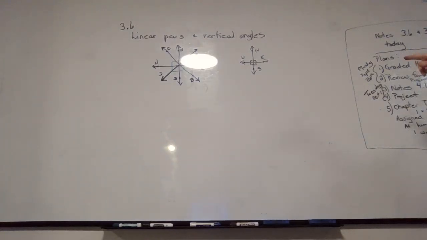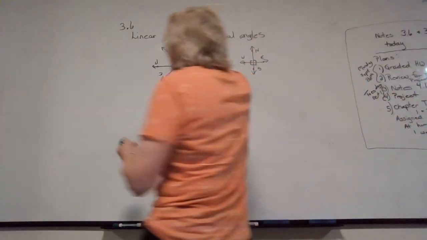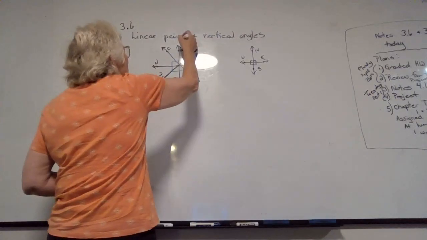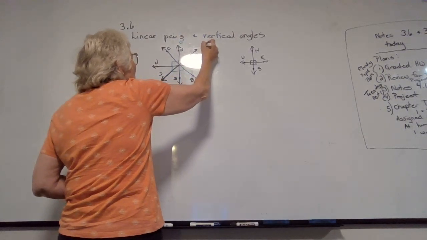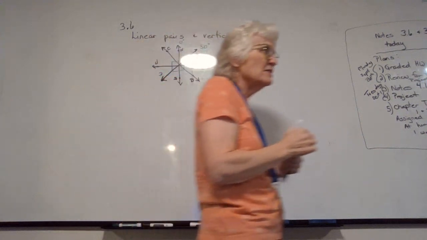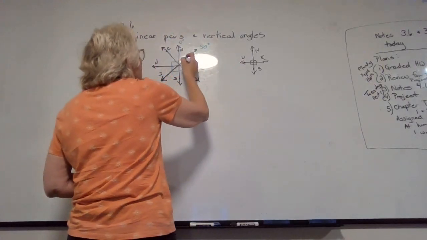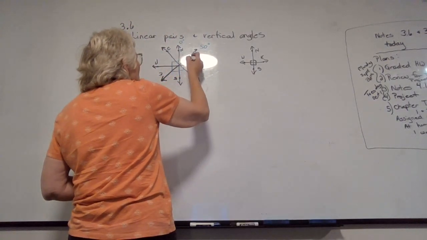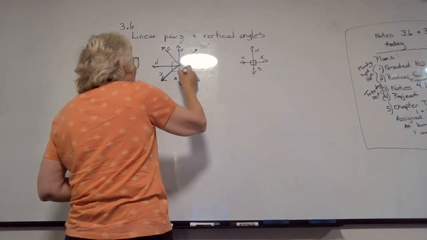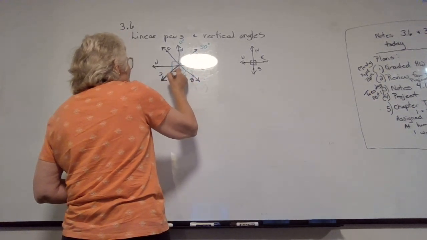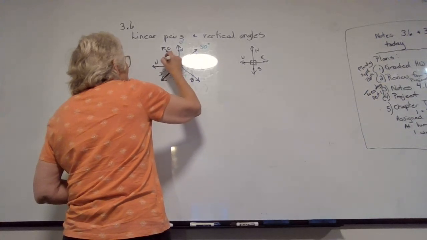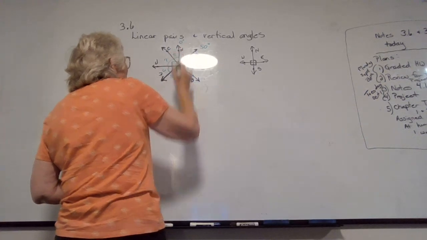I like to pull it out so I can see it, because sometimes looking at that, it's kind of a mess. You can use a different color and do that. It says that this line we measure is at 0 degrees, and this one's at 50 degrees. I'm going to give numbers to these: angle 1, angle 2, angle 3, angle 4, angle 5, angle 6, angle 7, angle 8.